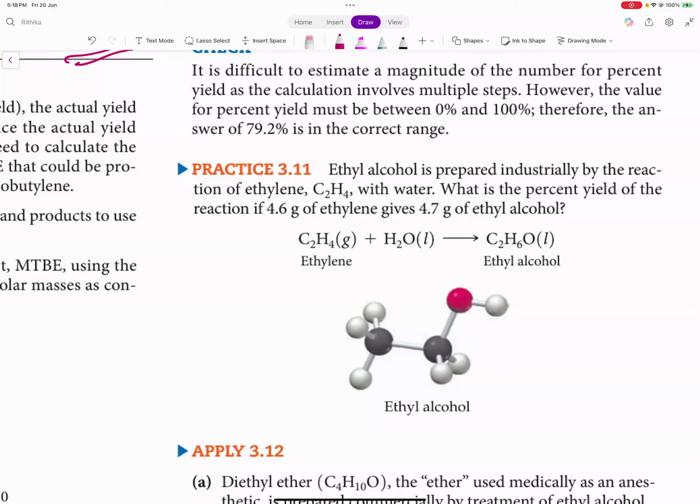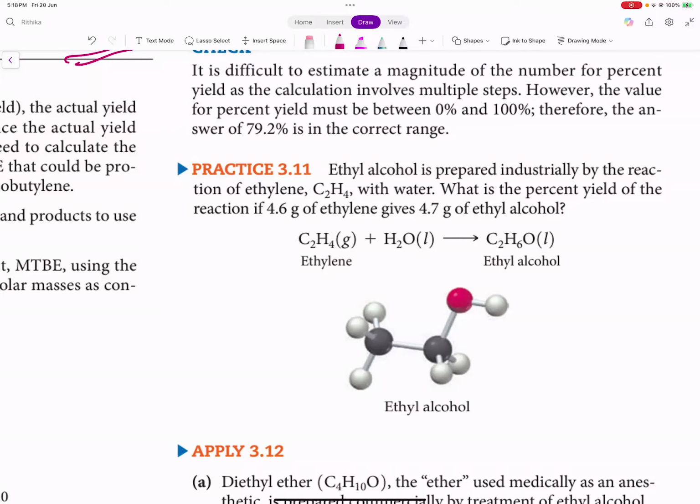So to get the actual yield, like the initial yield of the reactants... the theoretical amount of products, right? That will be 4.7, right? No. See, read the question. What has happened?